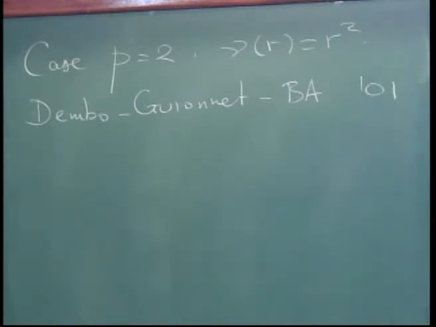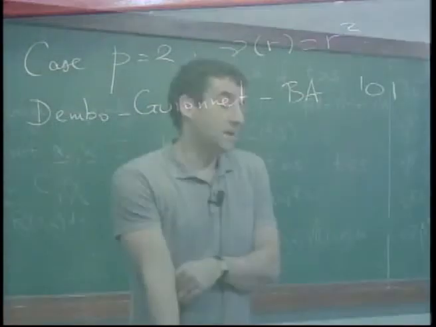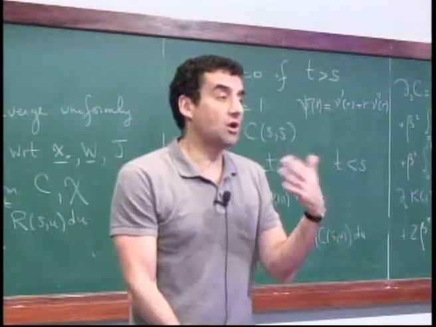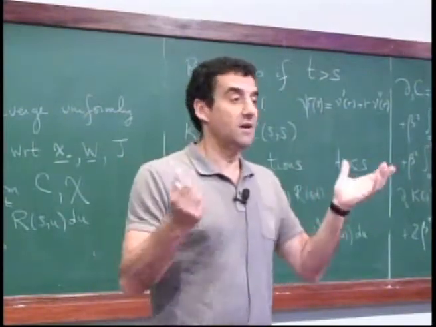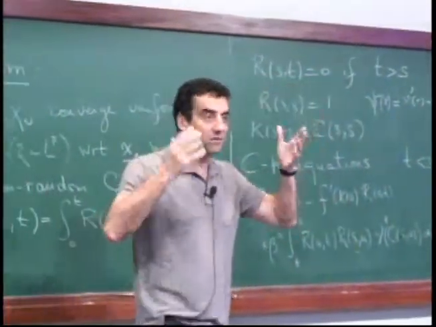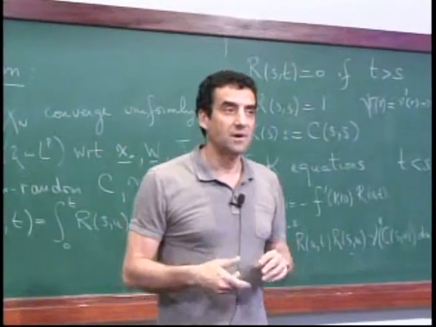But of course, now we understand that this model is trivial. Because remember the question I gave you about the work we did with Subag, the complexity when P equals 2 is trivial, and when P is larger than 2, then the complexity becomes hard. So the landscape becomes complicated when P is 3, but not when P is 2. Remember why?